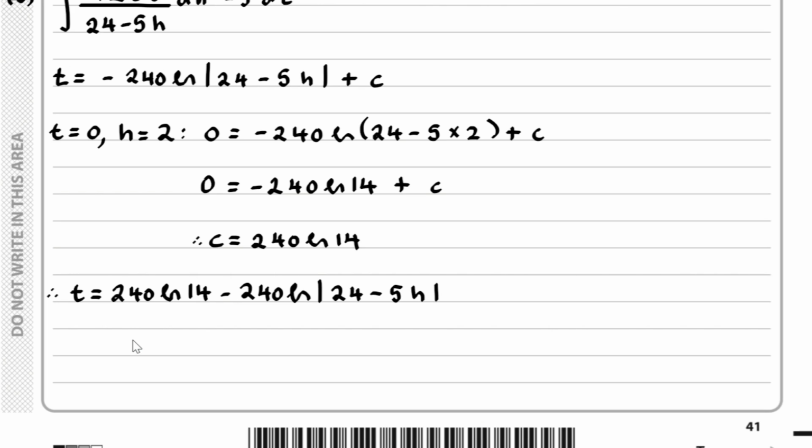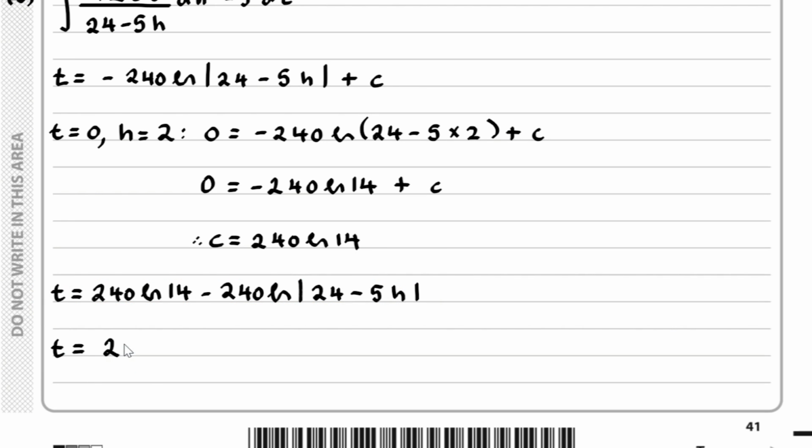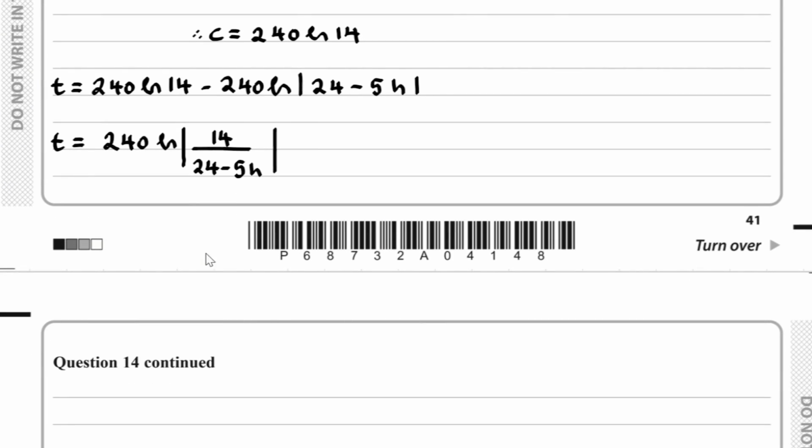And what we need to do is rearrange for h. So, if we simplify this even further, we've got t equals 240 times the natural log of the mod of 14 over 24 minus 5h, and then we need to rearrange for h.